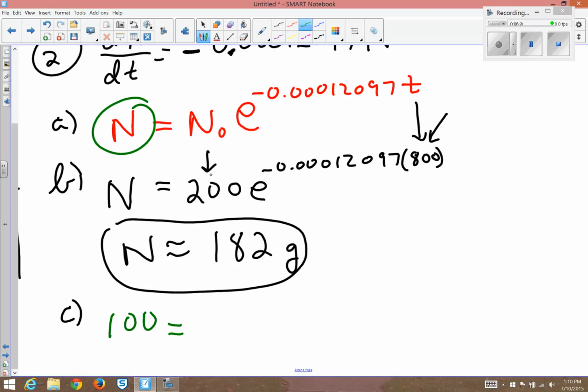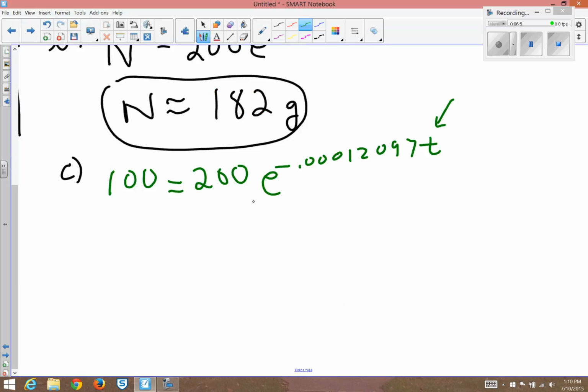The N sub 0 is 200. At time 0, that's how many grams there are. Next to that, we're going to put e to the negative 0.00012097 t. And the t is what we're trying to solve for, the time it takes for 200 grams to become half of that.